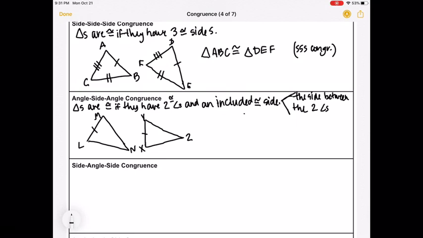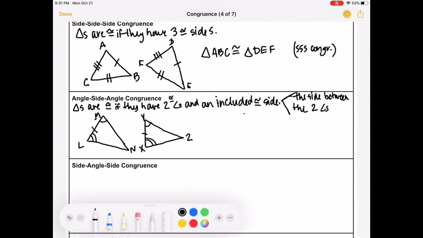And when we get to proofs, when they tell you that information, go ahead and mark it on your triangles or shapes, so you can quickly see. Maybe they say angle LMN is congruent to angle XYZ, so this angle. And then angle MLN, so here, is congruent to angle YXZ, so here.